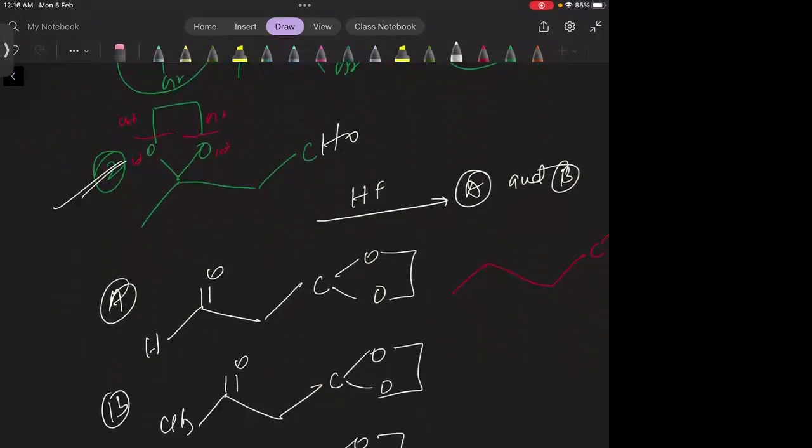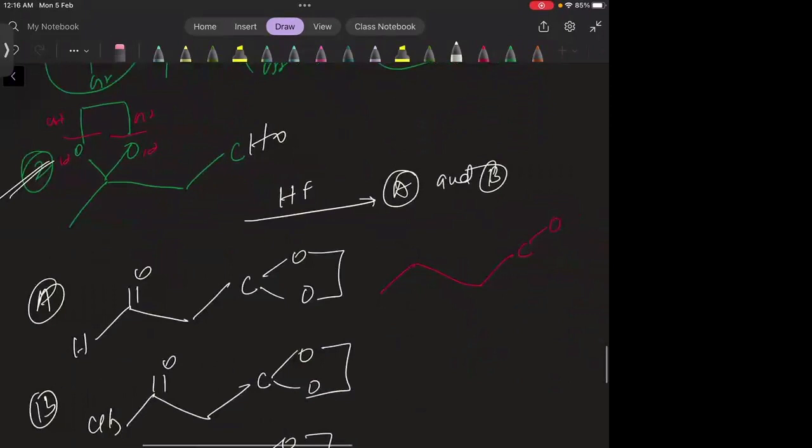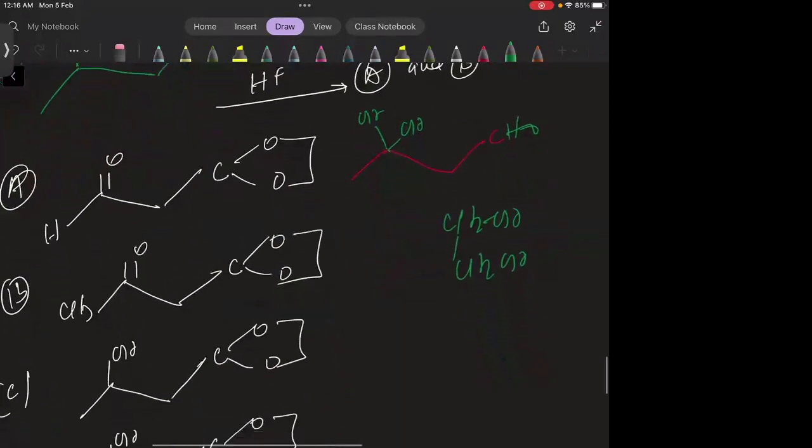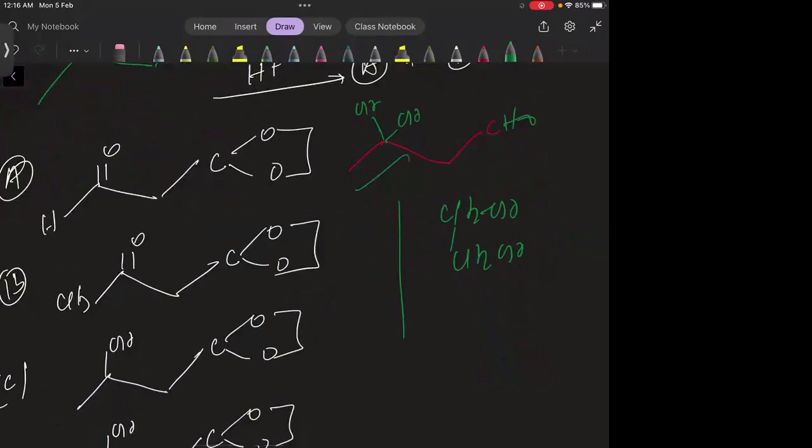So what is going to be formed here? CHO and here OH will form. Along with that, there is one carbon and one carbon, so CH2OH, CH2OH will form. So what is going to be formed? This compound, a CHO double bond O, will form.